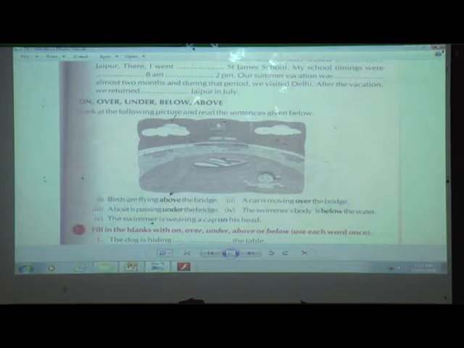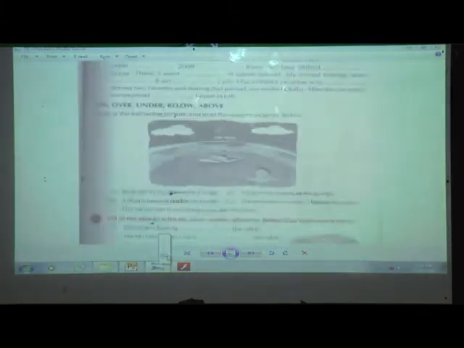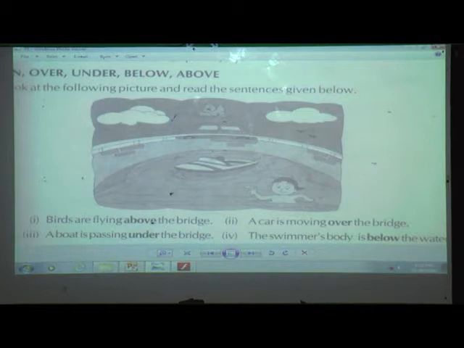Birds are flying above the bridge, the car is over the bridge, the boat is under the bridge, the swimmer's body is below the water and the swimmer's cap is on his head. Can you see properly now? Okay.